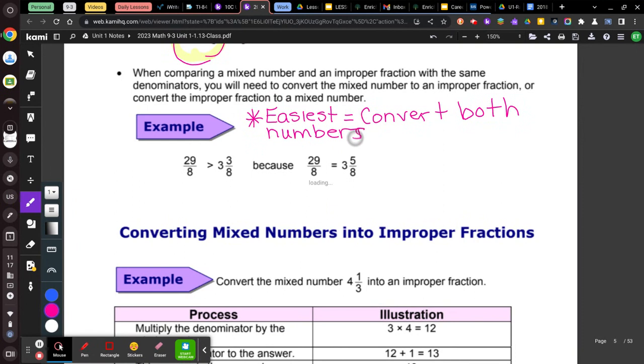Please write this down. To decimals. Okay, so we convert to decimals. So the first thing I'm going to do is I'm going to type in 29 and divide 8. 29 divide 8 is what I'm going to type in.